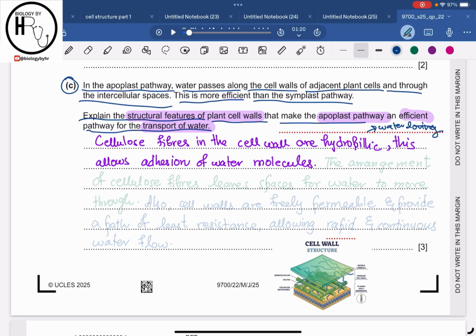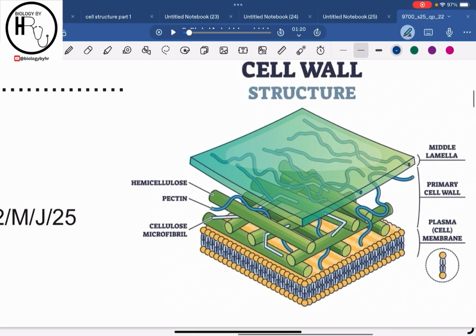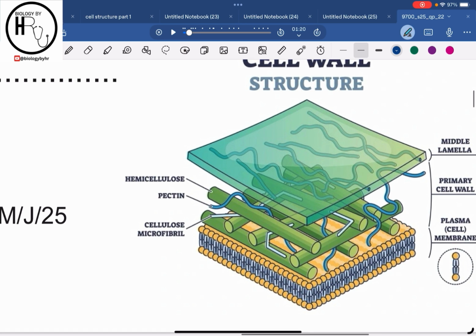Another point over here is that the arrangement of the cellulose fibers leaves the spaces and pores between them. For example, this is the structure of the cell wall which I have taken from the internet, and if you guys can see over here, these are the cellulose microfibrils, and the structure of the cellulose microfibrils is such that it leaves the spaces and pores between them.